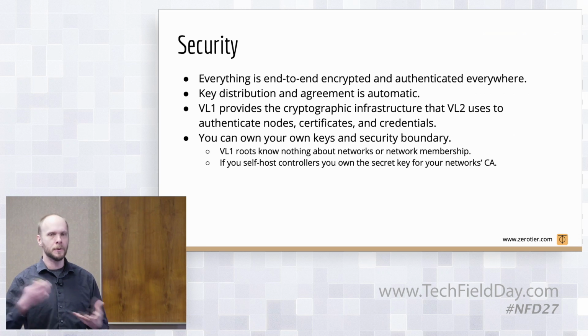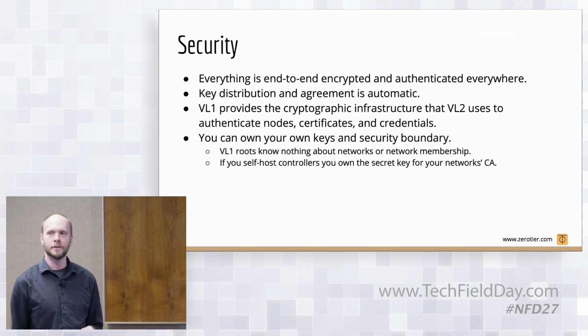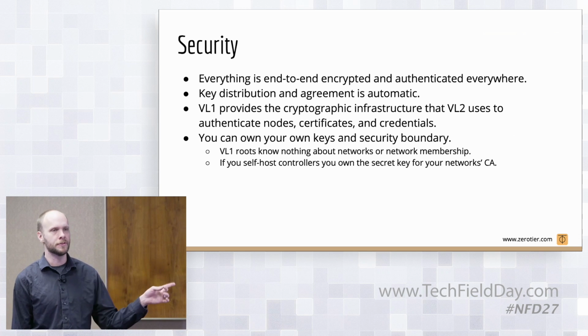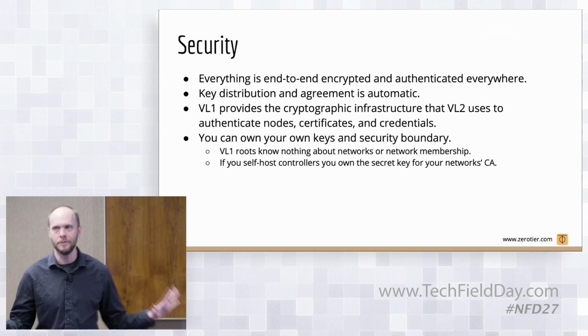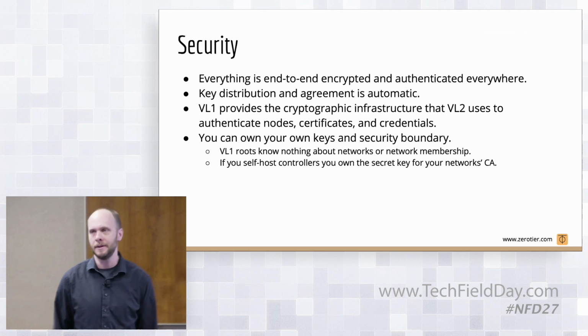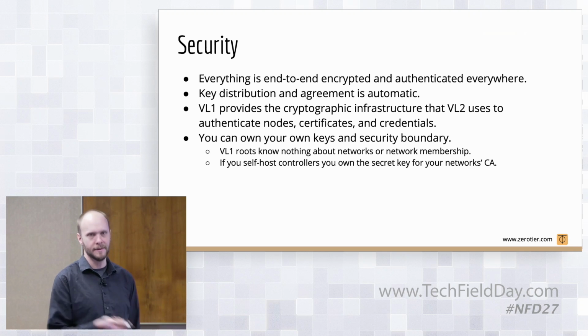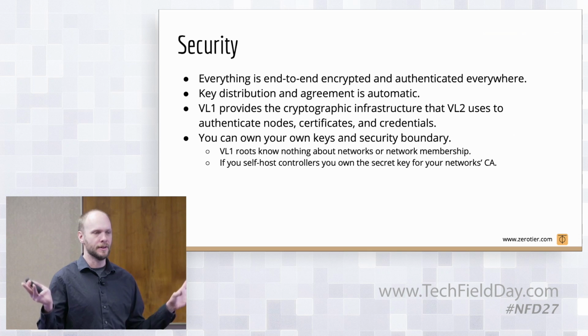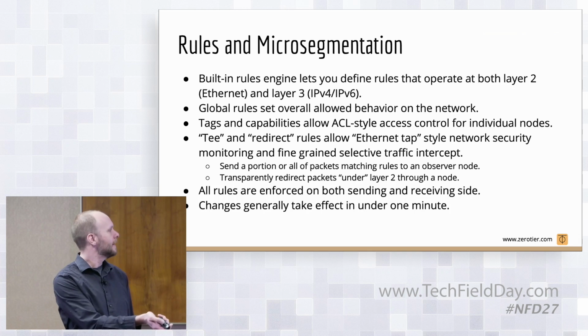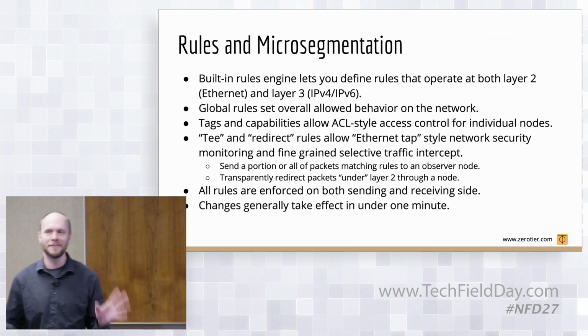If you still want that ease of use, you can just send someone the ID of a ZeroTier network and they can just join it. You don't lose that. You can control your security boundary without losing any usability. And they don't have to do any special configuration to make that happen either. It's a federated, decentralized mesh, you know, back to the smoking guy. Rules and microsegmentation.